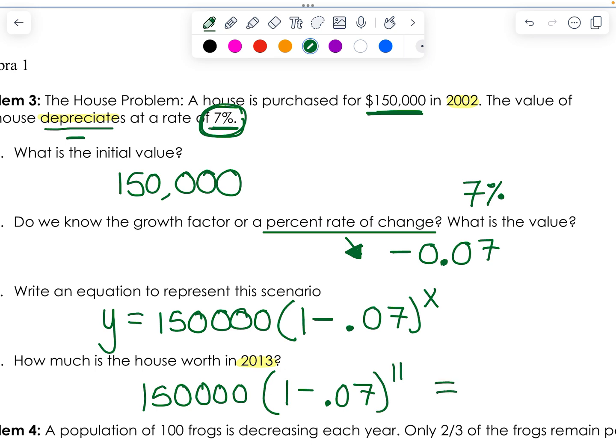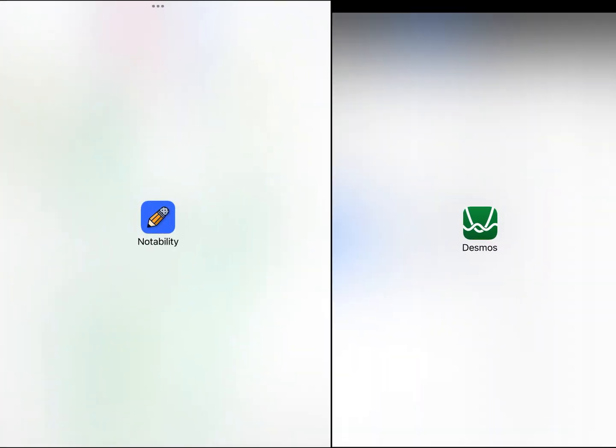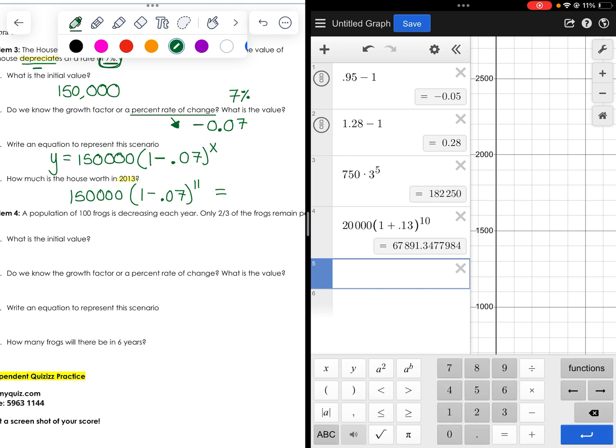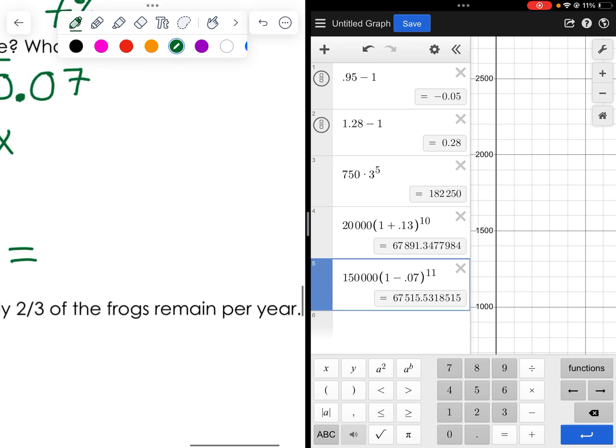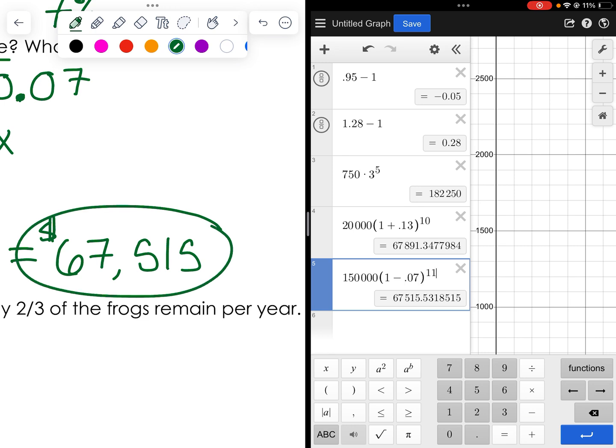And type that into Desmos. So according to this problem, the home is now only worth $67,515. Womp womp.